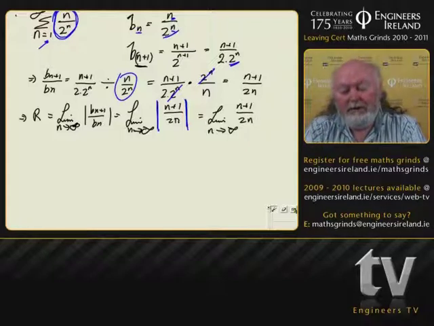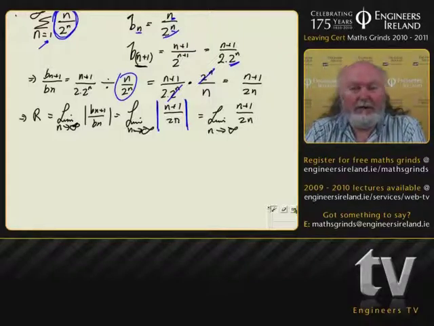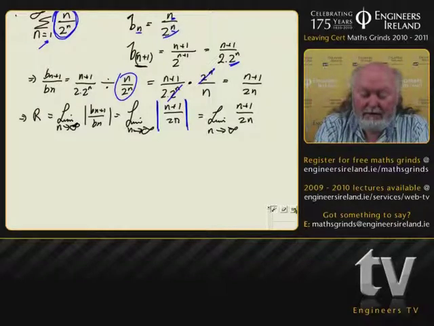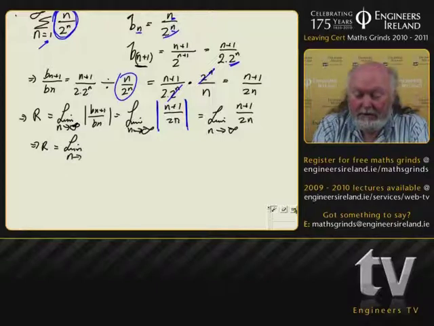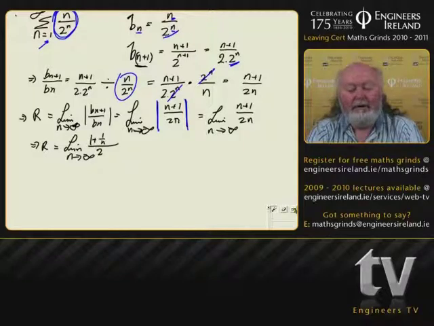Now, if you remember when we were dealing with the limit for an algebraic rational expression like this, one algebraic function divided by another, you find the highest power of n, and in this case it's just n to the 1, which is n, and you divide each of the terms by it. So that implies r is the limit as n goes to infinity of 1 all over n of 1 plus 1 over n all over 2.